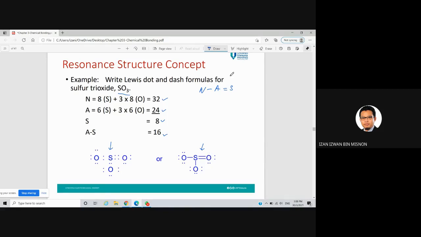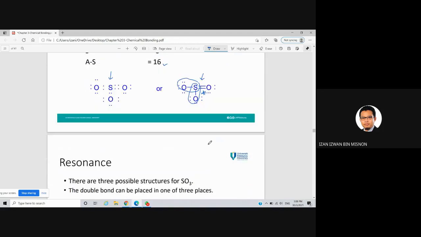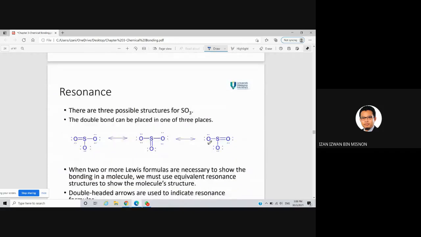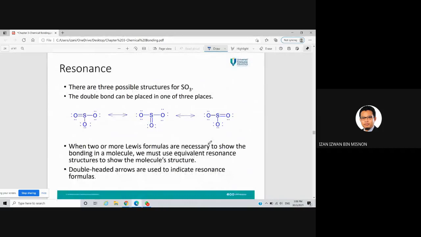However, the S=O double bond that occurs here can also occur on the second S-O bond and the third S-O bond. So in this case, the resonance structure might take place. There are 3 possible structures of SO3.